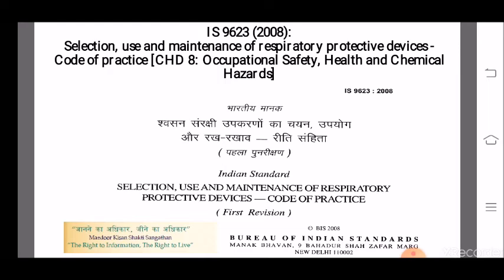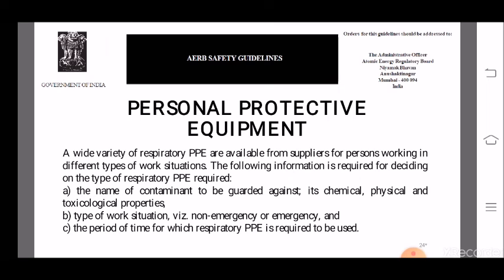The CHD8 code will give you occupational safety, health, and chemical hazard protection code in practice right now, along with BIS 2008. A wide variety of respiratory personal protective equipments are available from suppliers which are following the AERB safety guidelines.